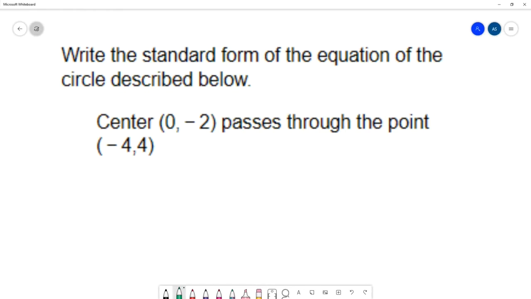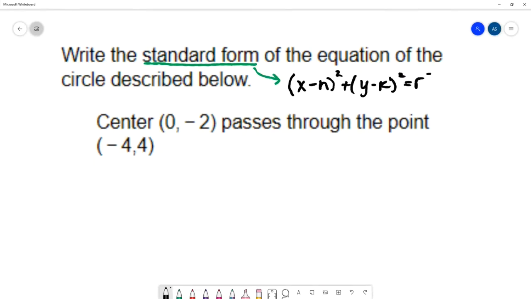Since we want to write the equation in standard form, let's write out what that means. Standard form of a circle is (x - h)² + (y - k)² = r². And (h, k), that ordered pair, is the center of the circle, and r is the radius of the circle.